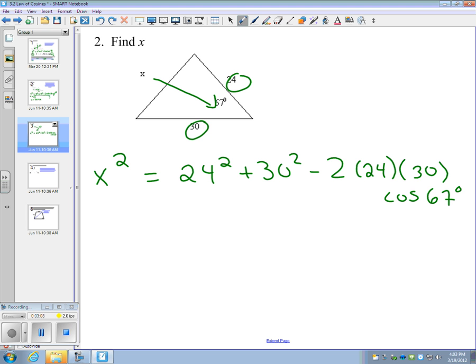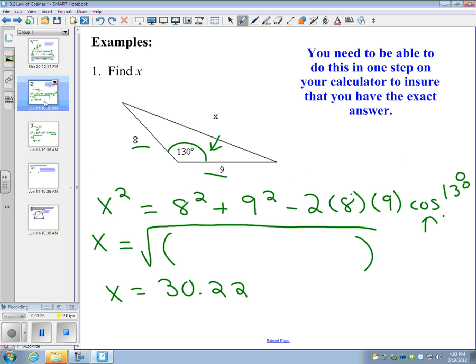X is going to equal the square root of that. So we want to enter it all in our calculator again. I was looking on the wrong page for the last one. The real answer for this one was actually 15.41. So hopefully you aren't too frustrated that you couldn't get that one. 15.41. Okay?